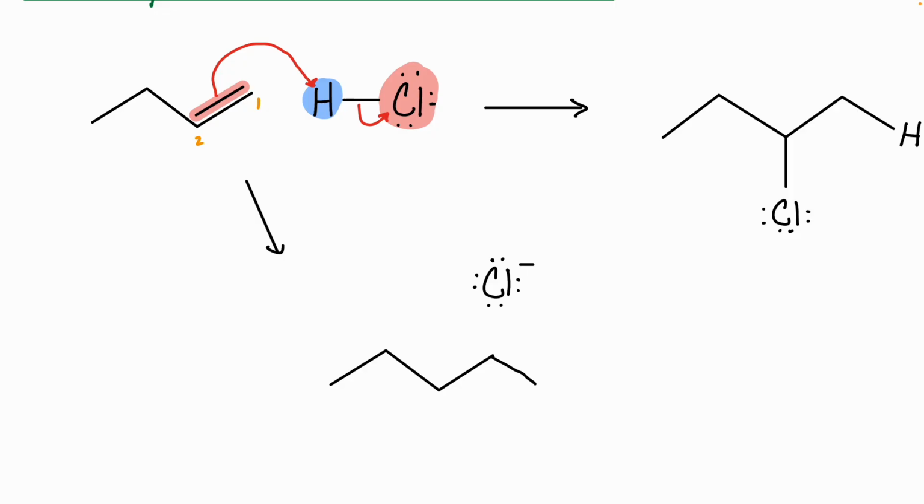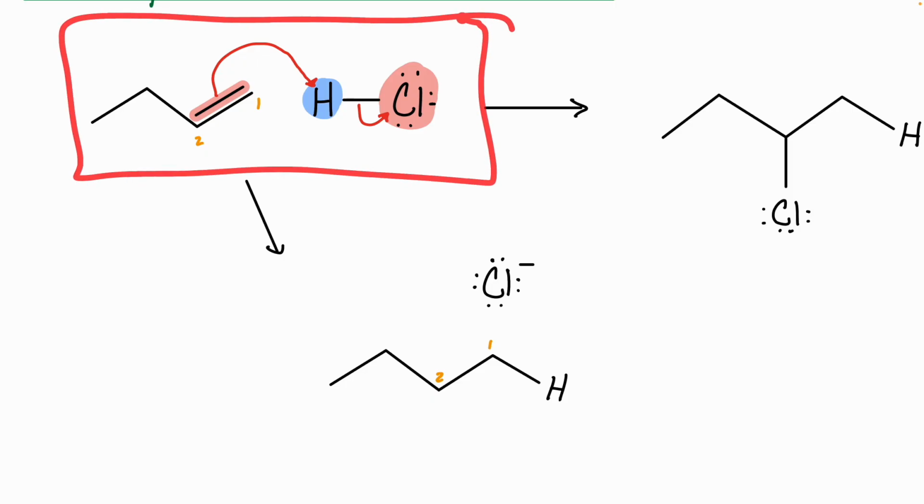Now, importantly, the carbon that gets my hydrogen is very specifically going to be carbon 1, because what forms on carbon 2 in my intermediate? A positive charge. So first of all, how can we see that a carbocation formed? Well, that second carbon got that pair of electrons taken away from it, so that's what leaves it with its incomplete octet. We can also just convince ourselves based on conservation of net charge.